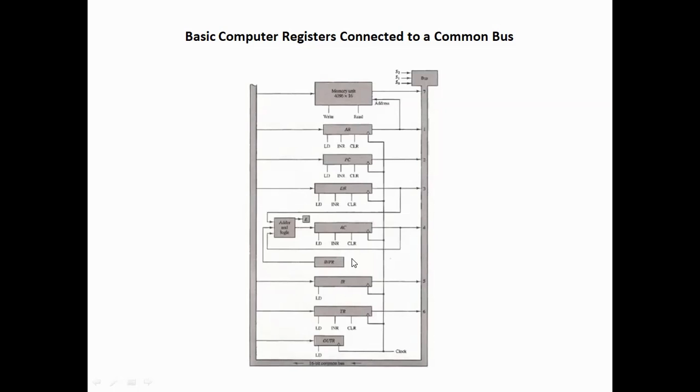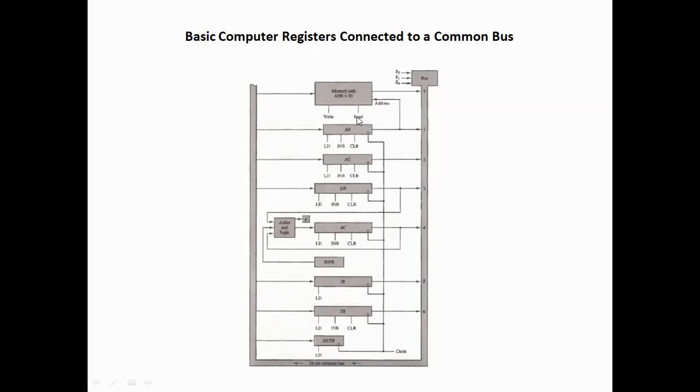So it is not putting something, there will be no output to the common bus and no input from the common bus. To an output register, there may be something written onto the output register, but the output register will not give its value to the common bus. It will give its value to some other device, for example the monitor.